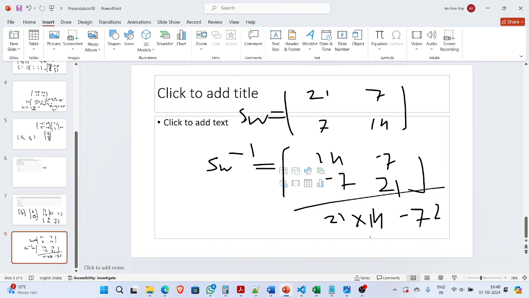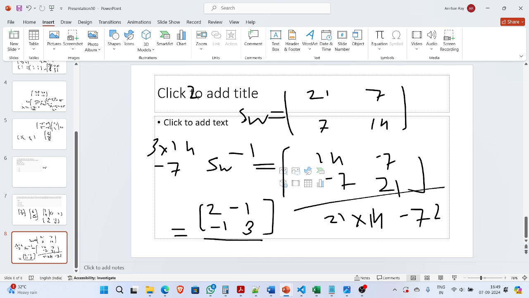Dividing by 7, what we get here is 2 minus 1 minus 1 3. And the rest is 3 into 14 minus 7. So for 3 12, 42 minus 7, this is 35. This is our inverse, SW inverse.